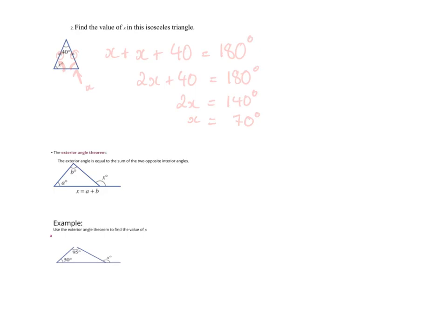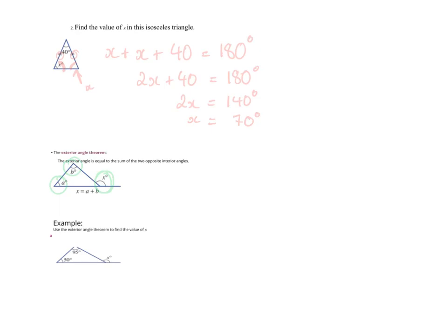Now remember I said there's lots of interesting things about triangles and the way the angles are related. Well, this is called the exterior angle theorem. But really, all that it means is if you have these two angles in your triangle, when you add them together, they're actually going to be equal to this angle here, not the one inside the triangle, the one on the outside.